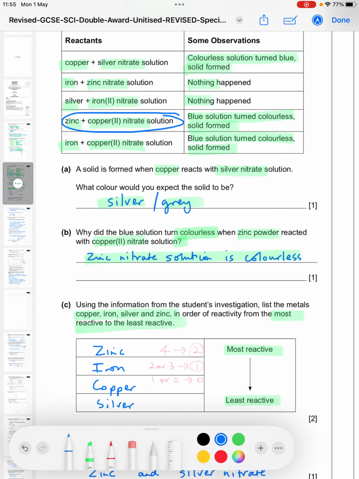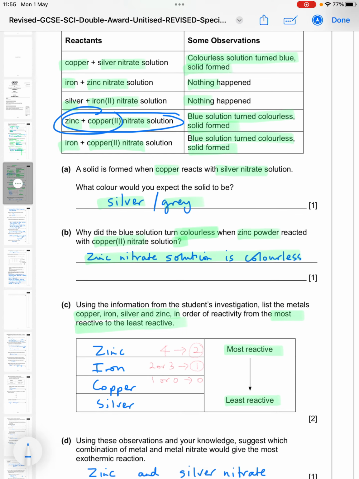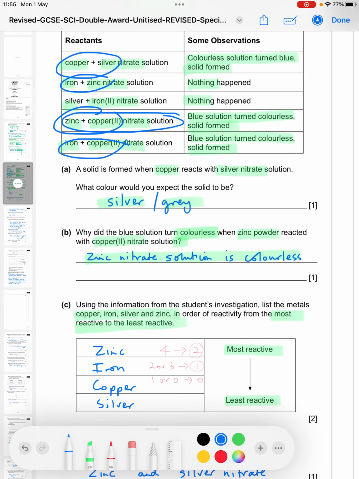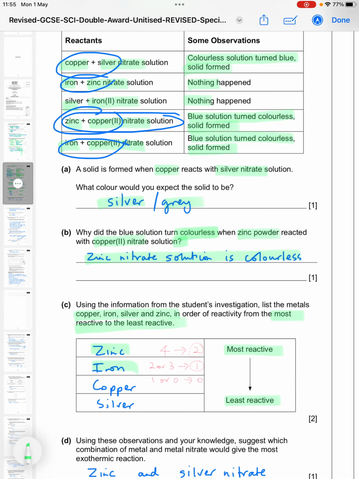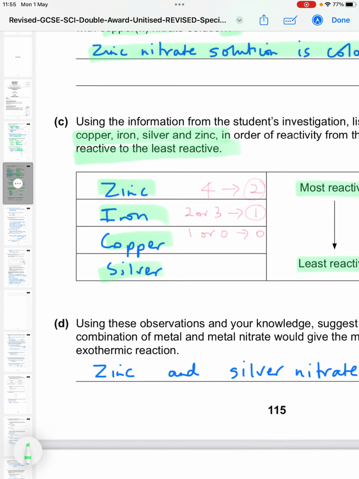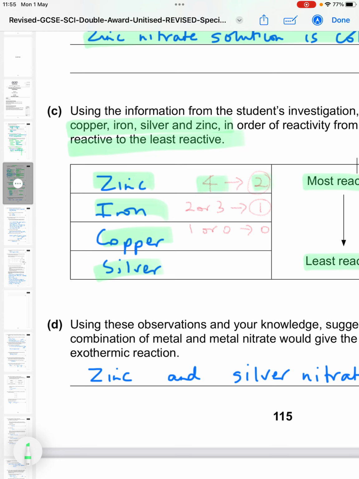So we can see that the zinc has displaced copper here, and then iron has not displaced zinc, so zinc has to be top. Iron has displaced copper but not zinc, so it has to be second. And copper has displaced silver, and nothing. Silver hasn't displaced anything. So our order then, zinc, iron, copper and silver.